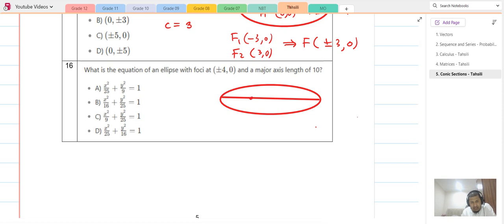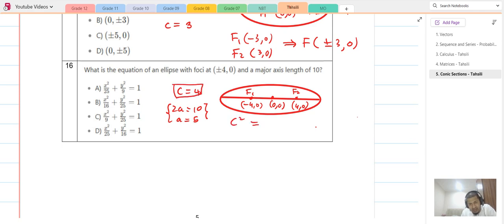Focus 1 is minus 4, 0, and focus 2 is 4, 0. In other words, the center was already 0, 0. And the major axis length is 10, so the c value is 4. Remember, 2a is equal to 10, so the value of a is 5. Now we need to find b.